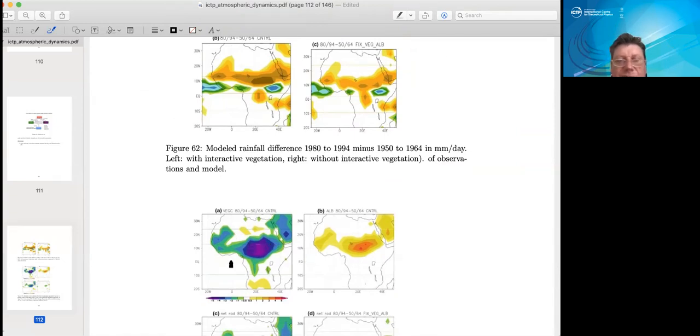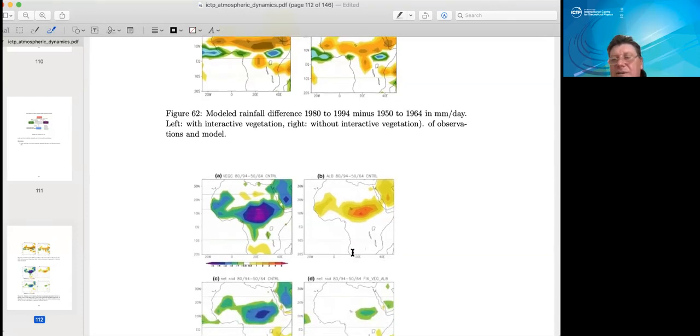So the vegetation will be reduced in that region when there is less rainfall, because there's less soil moisture for the vegetation to feed on. That will have an immediate impact on the albedo, because if there's less vegetation, we have higher albedo.